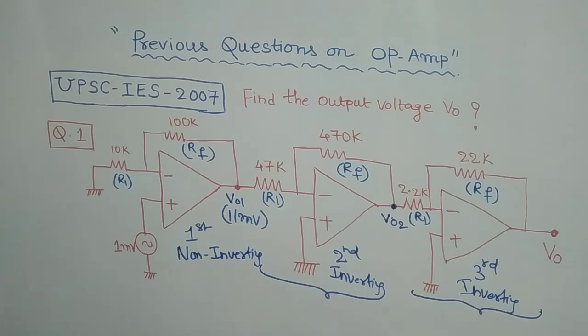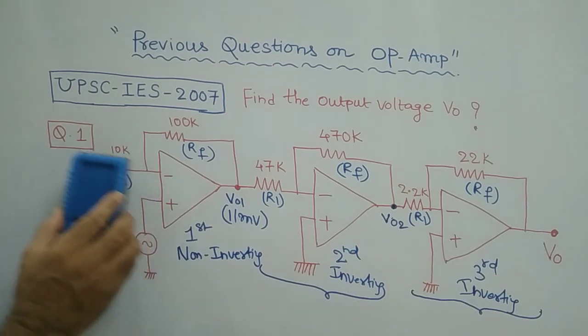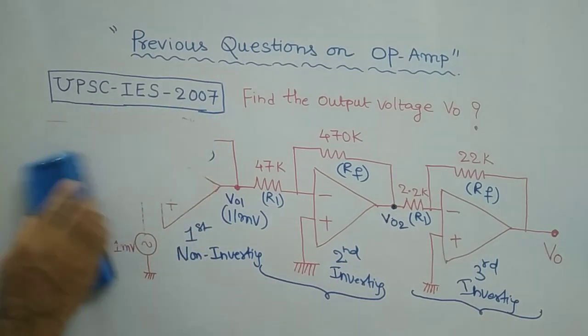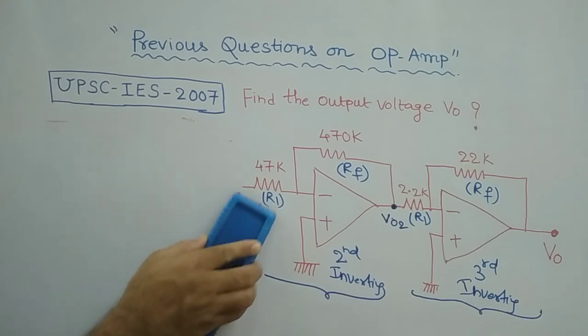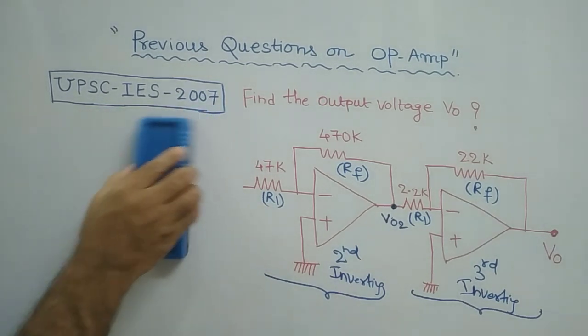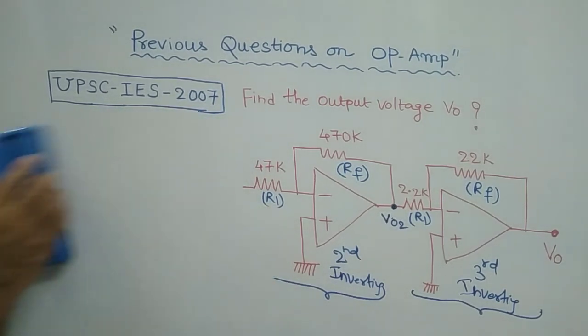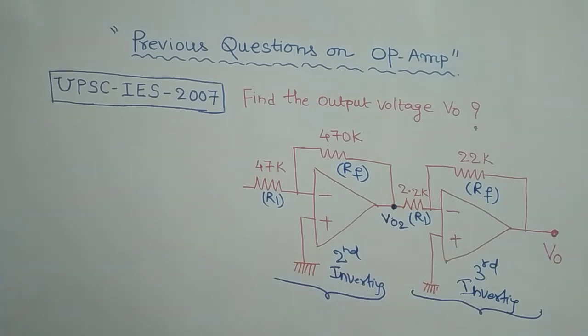For calculating V02, I do not need the first stage, and I can remove it here. The first stage we have already finished, no? Therefore, I can ignore this part which is not required now. I will solve here.